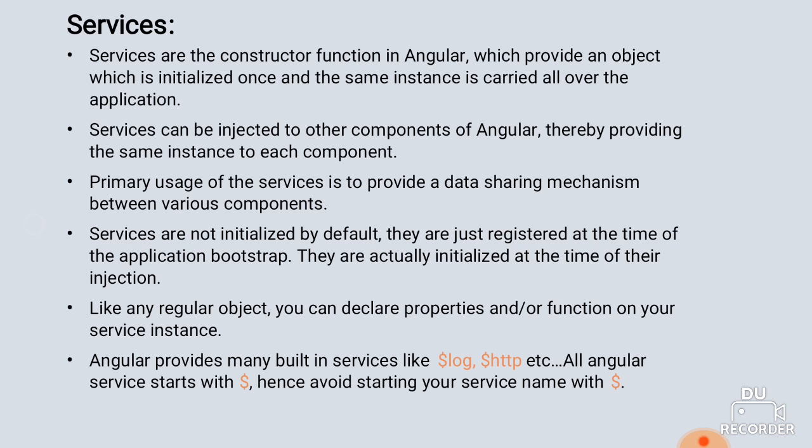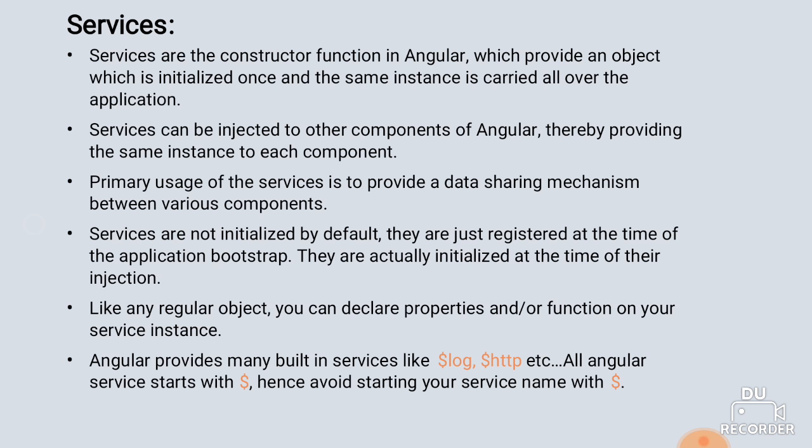Whenever a service is called, this particular instance is created, and from that point of time the same instance is carried forward in the entire application. Whenever that service is called, the same instance is returned, and in this way we get the data which was stored at one particular point of time at another particular point of time. I will explain that to you quickly.